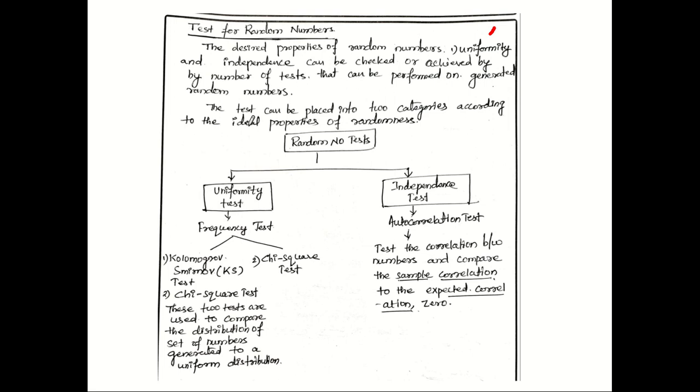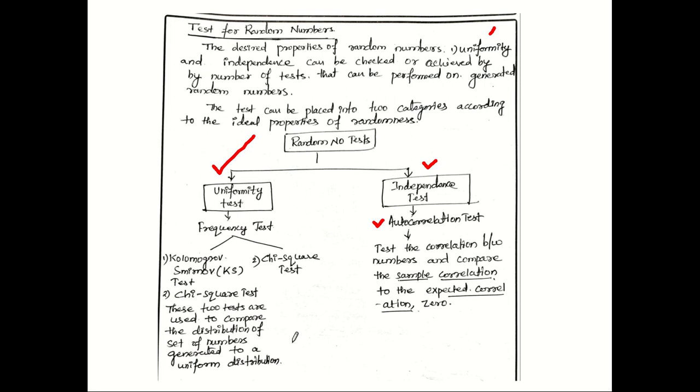Those tests are categorized into two groups depending upon the ideal properties of randomness. The tests used for checking the uniformity of a sequence of numbers are called frequency tests, and the autocorrelation test is used for checking the independence property.